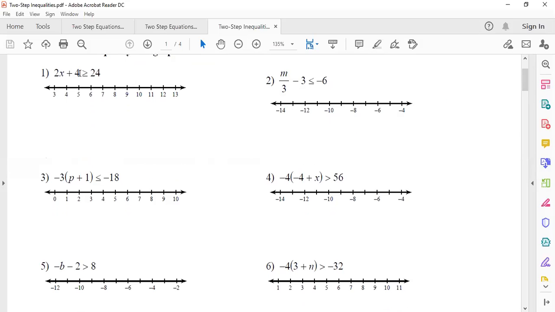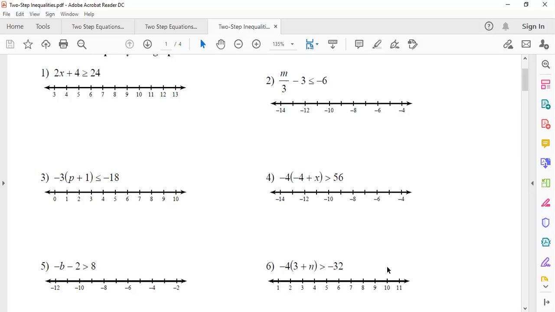Two-step equation here, probably going to subtract 4 from both sides to begin with and divide by 2. Do that first one, 2x plus 4 greater than or equal to 24. A lot of distributive property problems in here.